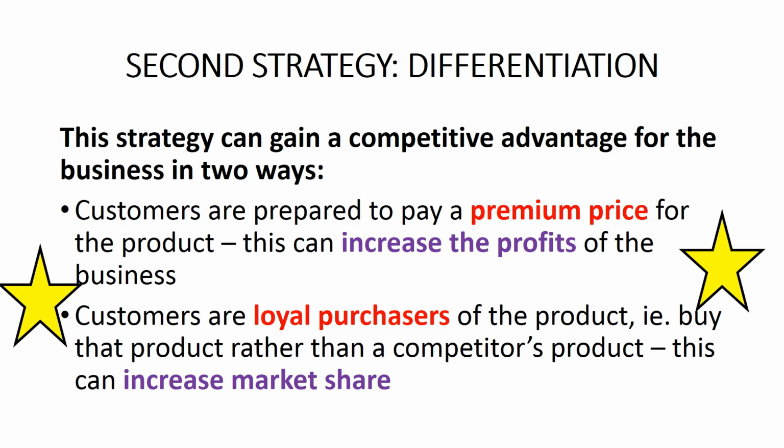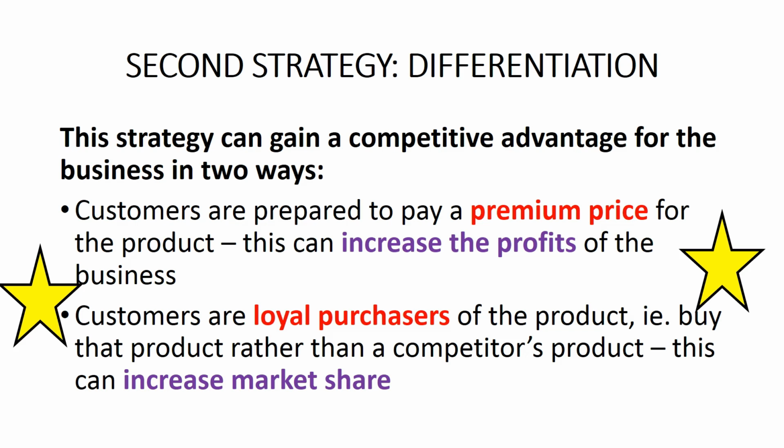Now, where customers are prepared to pay a higher price for a product, then of course that will increase the profits of the business. The second way in which a differentiation strategy can create a competitive advantage for the business is that customers tend to be loyal purchasers of the product. That is, they value an attribute of the product.